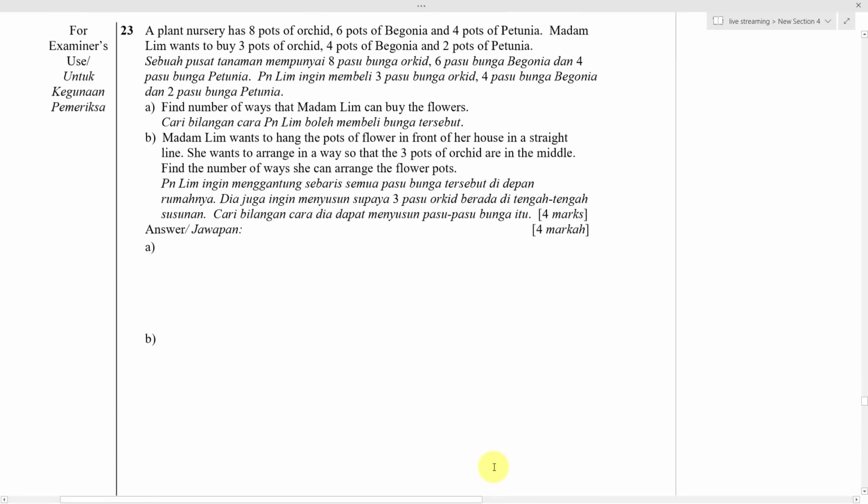Okay, number 3. Okay, this is kind of easy. So a plant nursery has 8 pots of orchid, and then you have 6 begonia, and then you have 4 of the petunia. Okay, so I hate to read English names, so I just say 8O, 6B, and then 4P.